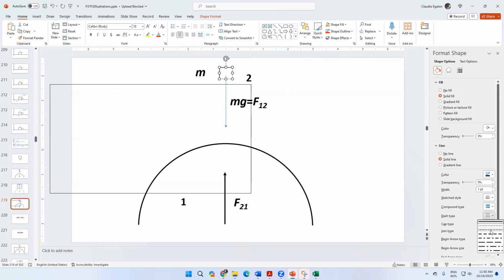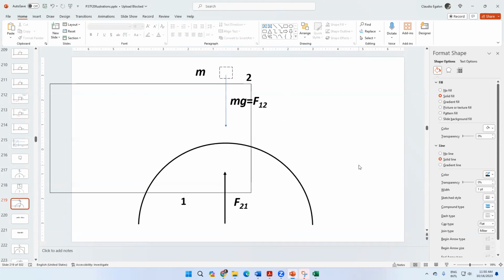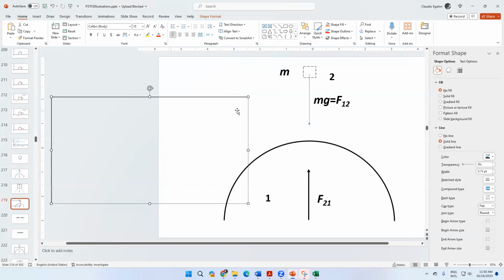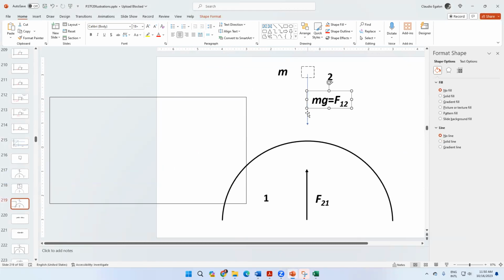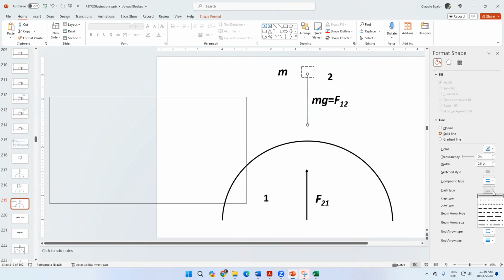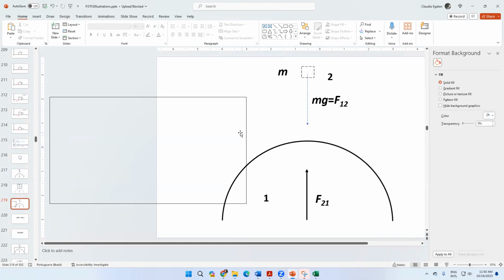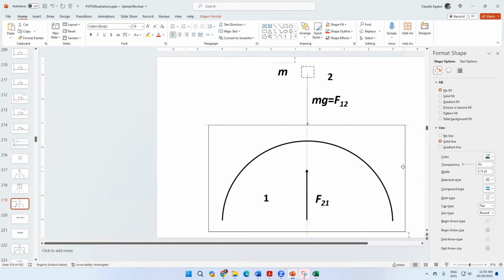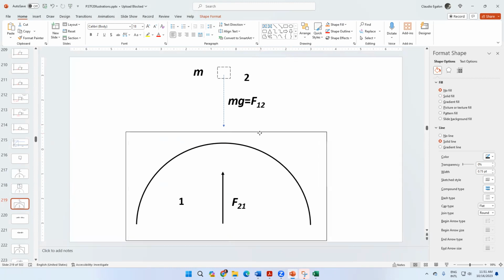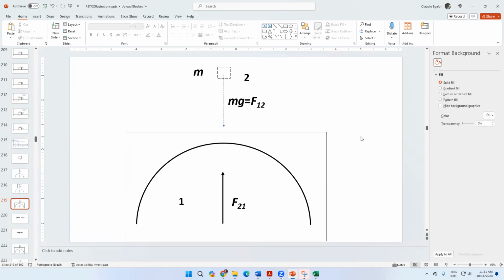That's how we illustrate right here. We do the same thing. We're just emphasizing the fact that we are paying attention to Earth itself only. Okay, like that.